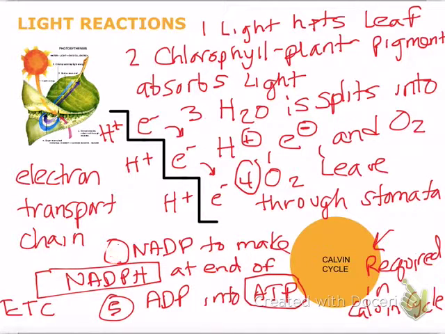Meanwhile, the hydrogen and the electrons get passed down the electron transport chain. At the end of the electron transport chain, NADP is going to make NADPH. Also, ADP is going to be turned into ATP. Both NADPH and ATP are used in the Calvin cycle.